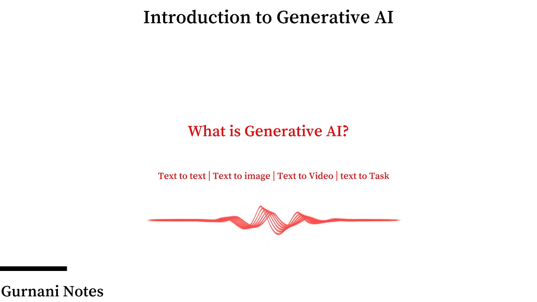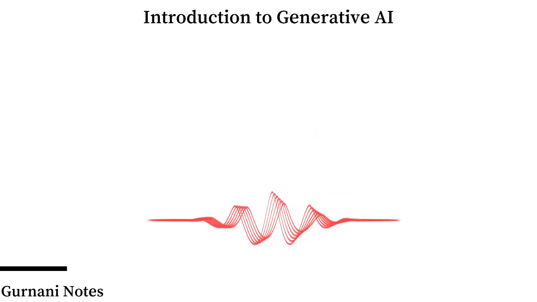A model like text to video is also possible, which would generate video from text descriptions. And we could also have a text to task model that can perform actions like search based on the text prompts. So the idea really is that there could be various types of models in the generative AI category, and it's important to get the basics right.